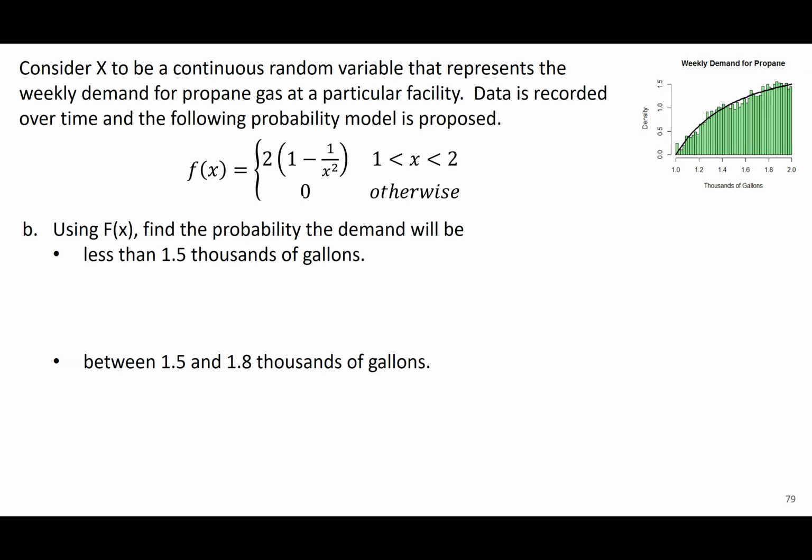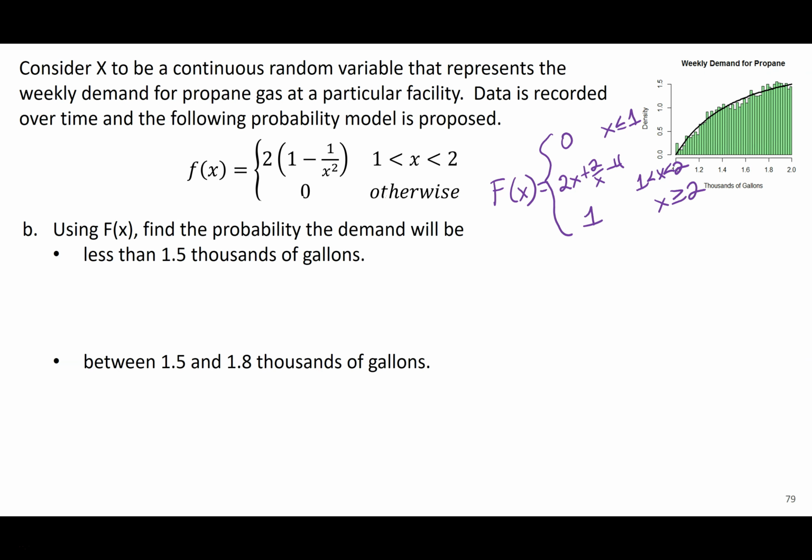So then we have some more questions we can ask. Using our CDF, remember it's going to be 2x plus 2 over x minus 4 when x is between 1 and 2, and then 1 if x is equal to or higher than 2.